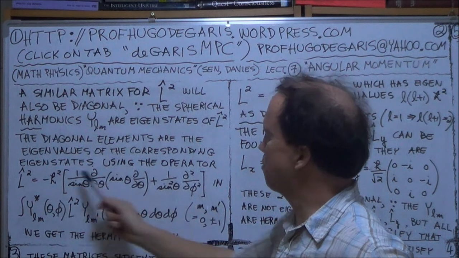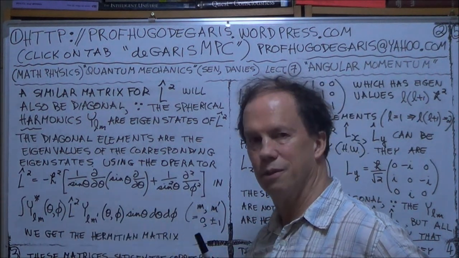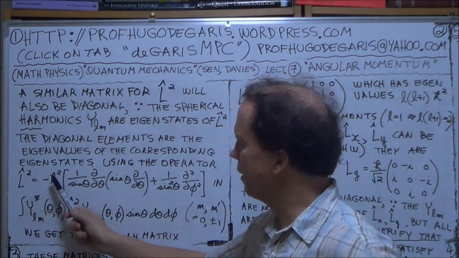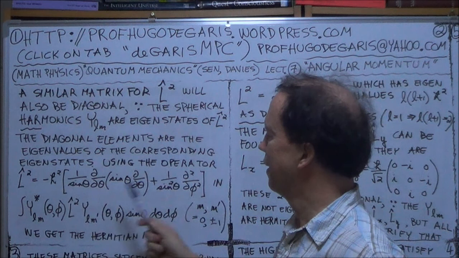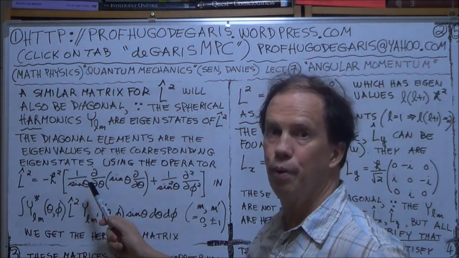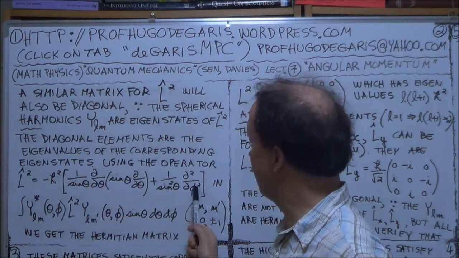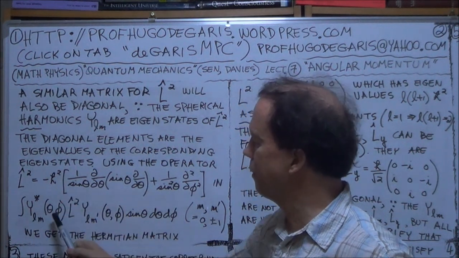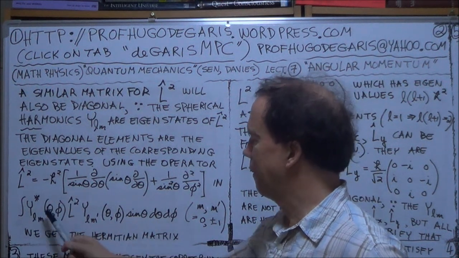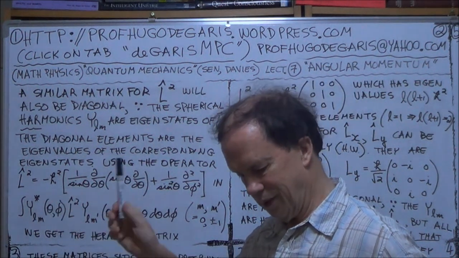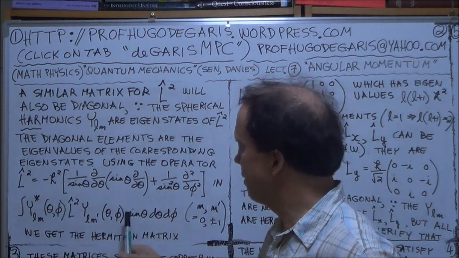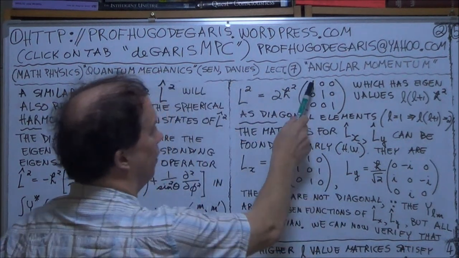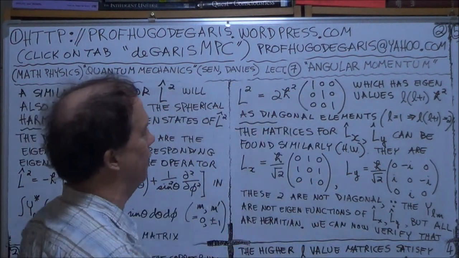I've written out this expression again, which we had several sessions back, where L squared is this complicated expression, a function of the two polar angles theta and phi. You could plug that in here, use the expressions for the spherical harmonics, calculate this integral, and you will get something of this nature. That's the hard way.